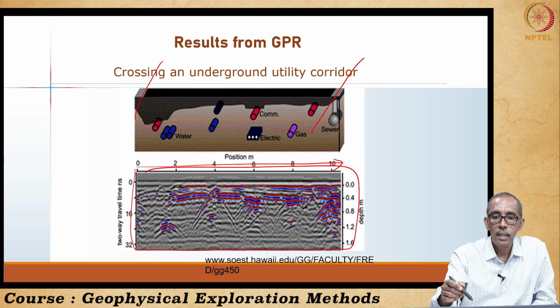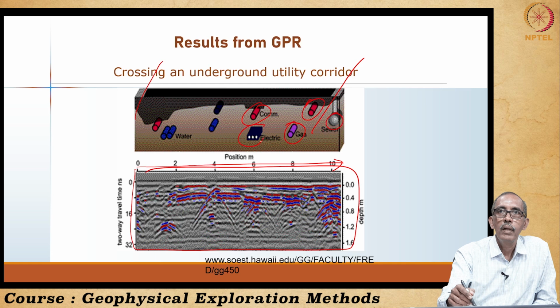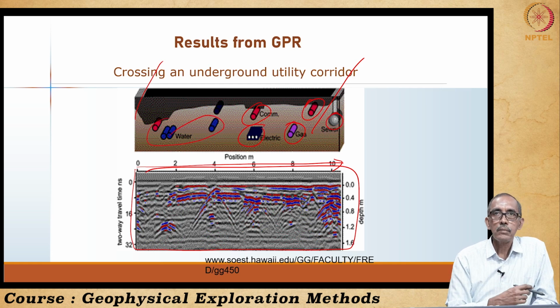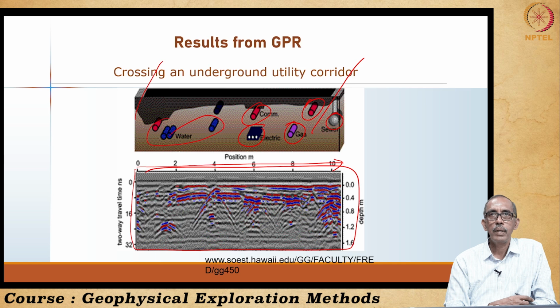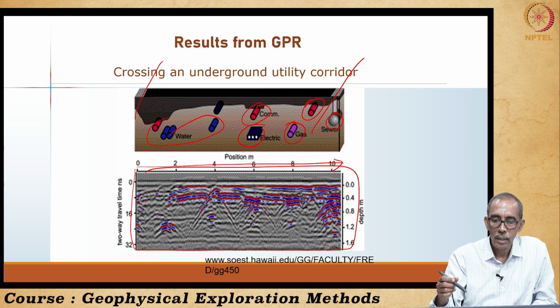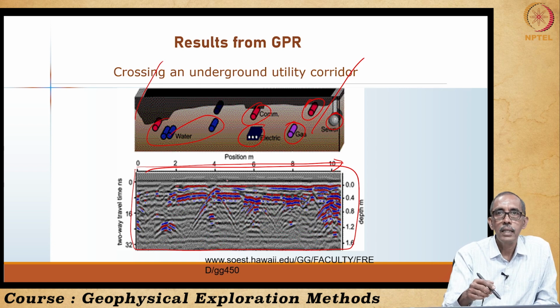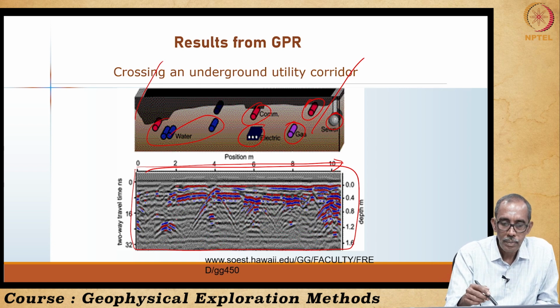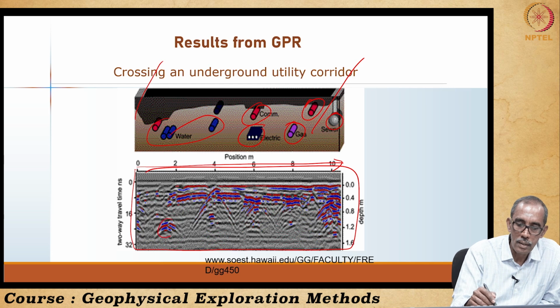As you can see here, there are some communication cables, gas pipeline, sewer network, some electrical lines, water pipelines. There are many such utilities beneath the ground surface. When you want to dig the road, without knowing this, we may damage them, right. So, quickly we will get to know of their location by ground penetrating radar. Here you can see this ground penetrating radar has picked out all these locations, right.